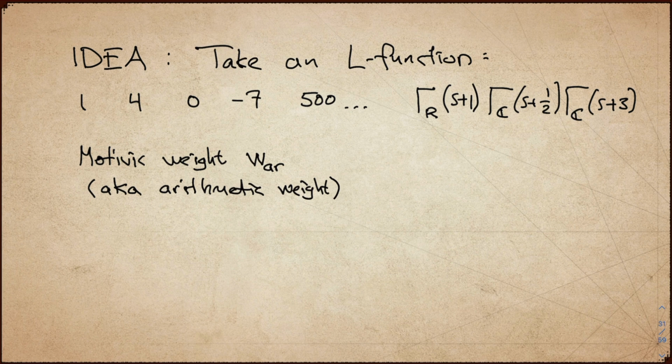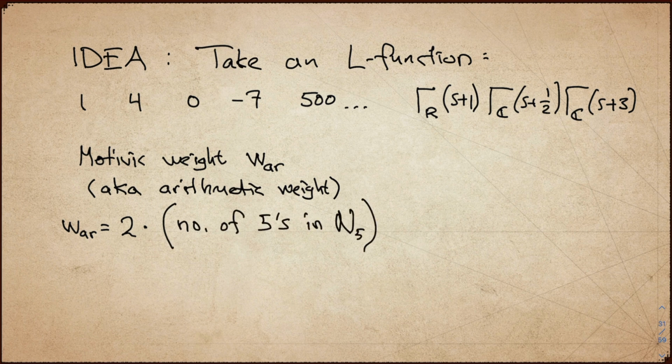The idea is that the arithmetic weight is 2 times the number of 5s in N5. What does that mean? Well, 500, if you factor it, is 2 times 2 times 5 times 5 times 5. How many 5s are there? Well, it's 3, so the motivic weight would be 2 times 3, that's 6.